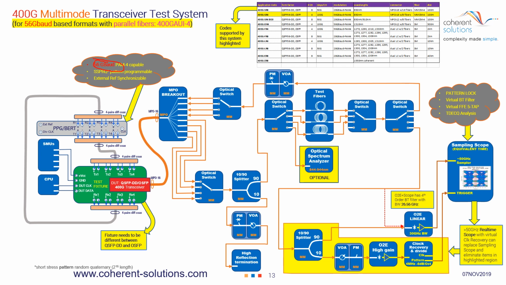So in this case, we have 4 parallel signals, each one carrying 100 gigabit worth of information. All the components are very similar and can in fact be reused if the fiber type is compatible. Again, remember the fiber type is listed up here. You can see that this is multimode OM4, and as such, these multimode switches that you see here are the same multimode switches that we used in the previous slides.